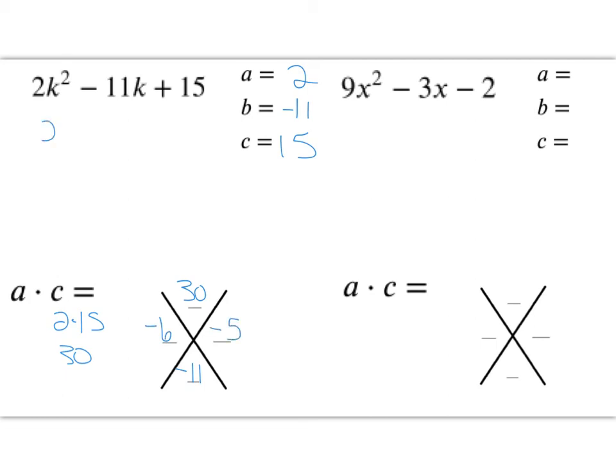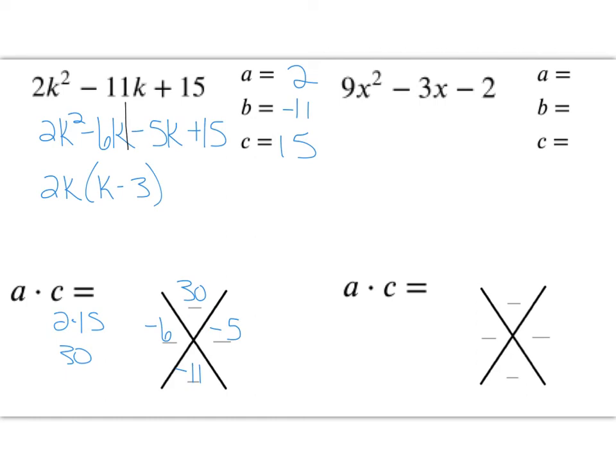So I'm going to copy 2k squared. I'm going to write the negative 11k as negative 6k minus 5k, and then I'm going to copy the plus 15. Now I'm ready to factor by grouping. 2k squared minus 6k, I can factor out a 2k, and I'm left with k minus 3.